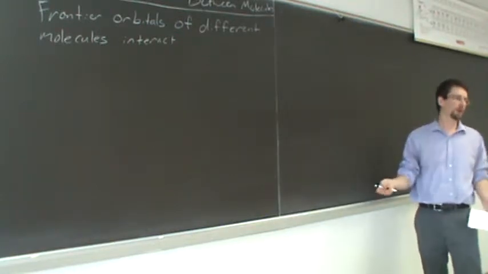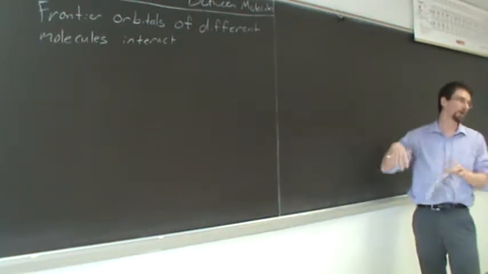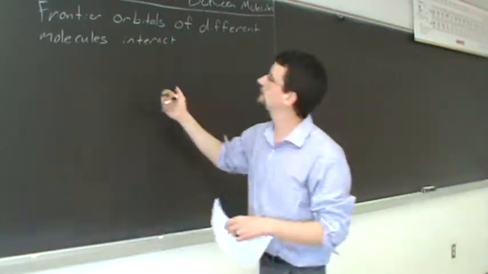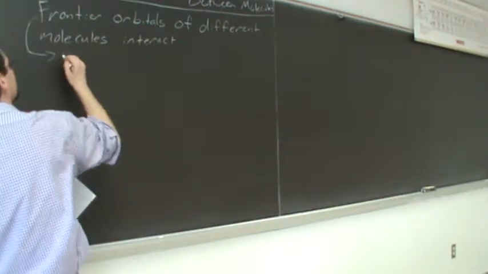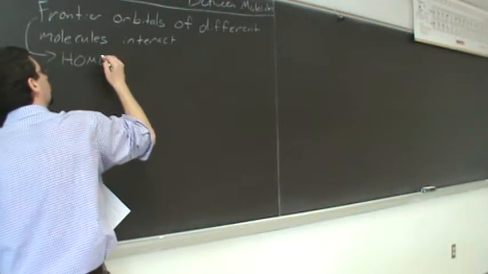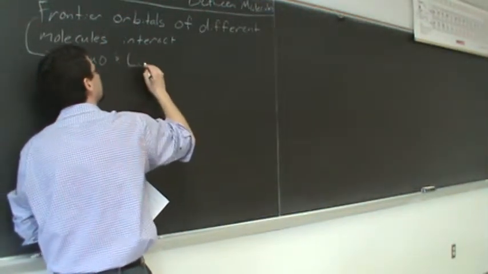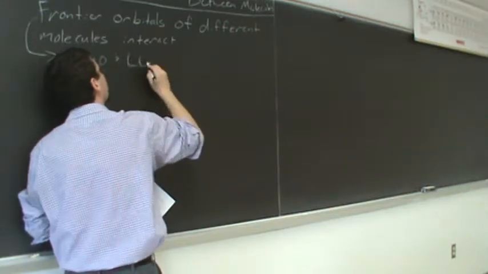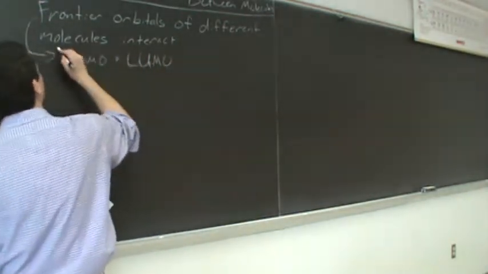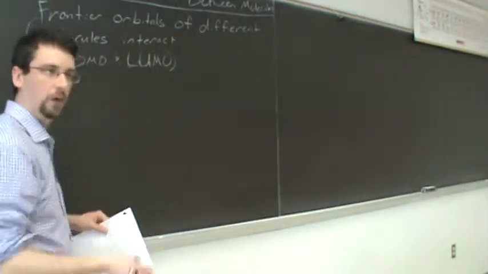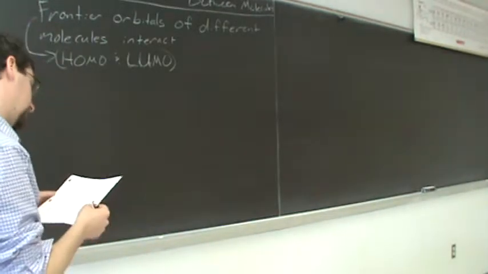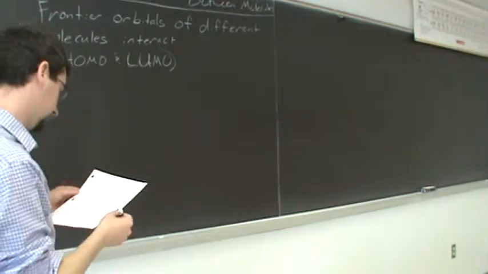It's usually the HOMO and LUMO or states around the HOMO. So we're going to consider the frontier orbitals to be just HOMO and LUMO. Some people define them as other states beyond those, like some that are just close to the HOMO and LUMO, but for our purposes, we're going to just say those two.